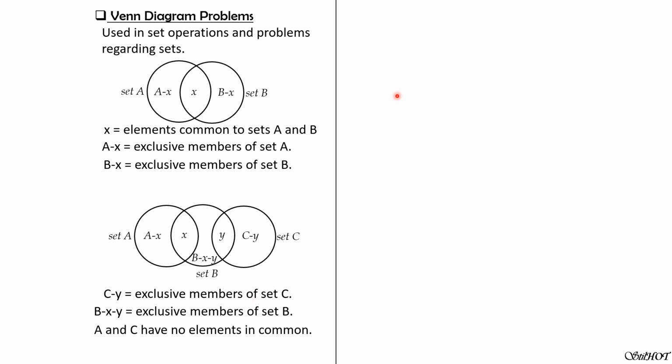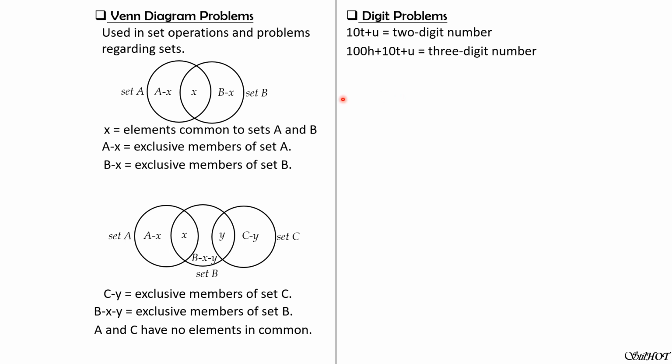So finally, let's have digit problems, second to the last. So we represent a two-digit number by 10t plus u, where t is the tens digit, u the units digit. Then if it is a three-digit number, we represent that by 100h plus 10t plus u, where h this time is the hundreds digit.